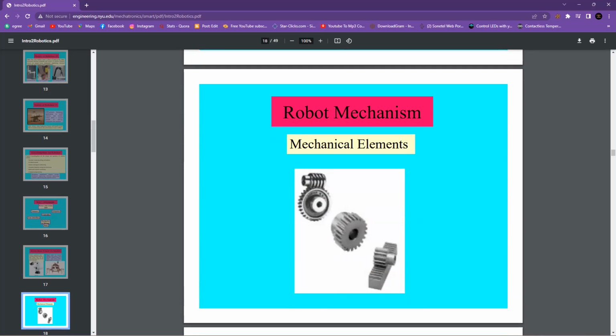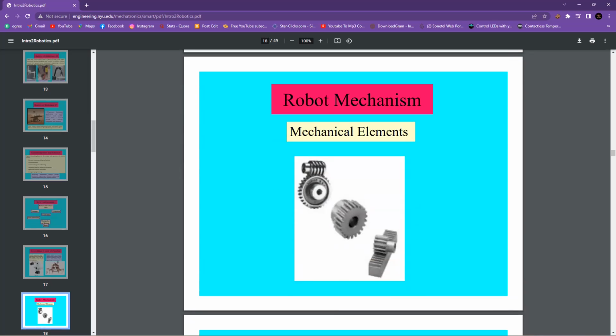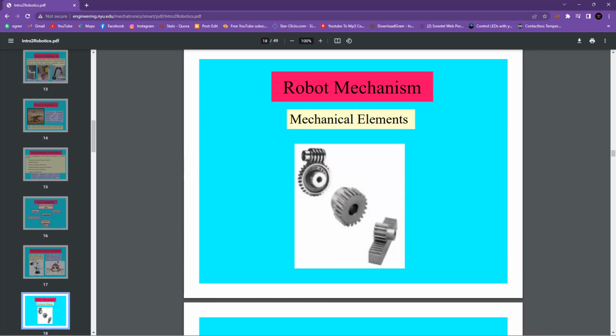So let's talk about the robot mechanism. With what I said earlier, before I started moving into these slides, I spoke about the mechanical aspects of robots. So let's break these things down. When we talk about the mechanical aspects of robots, we have the gears, and those are mostly the actuators. Actuators are those that perform actions. They take instructions from the microcontroller and perform actions.